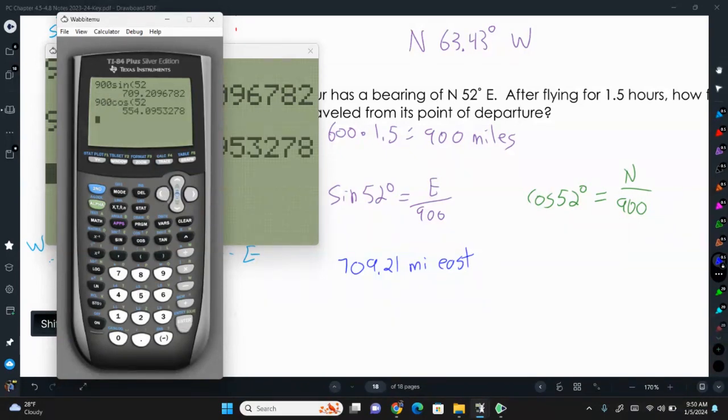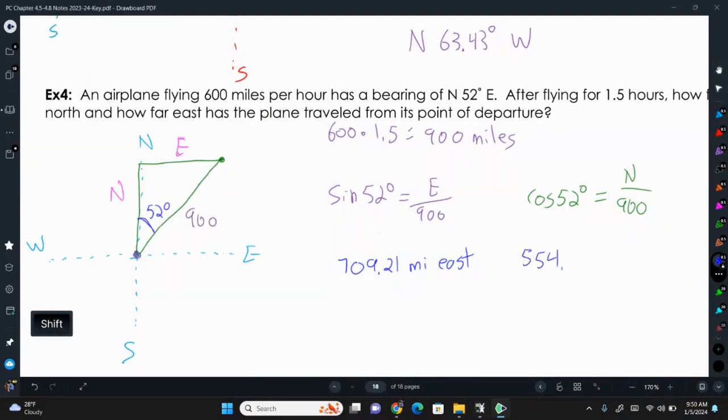And we get 554.095. That would round up to 554.10 miles north. So again, you've solved problems like this before, but now we're adding some new terminology to it.